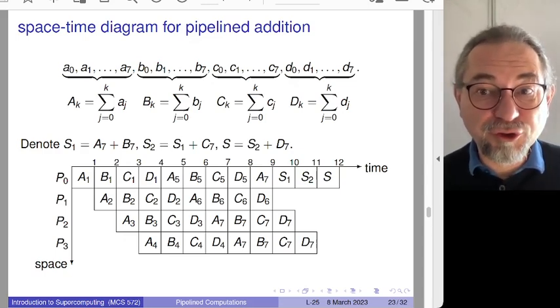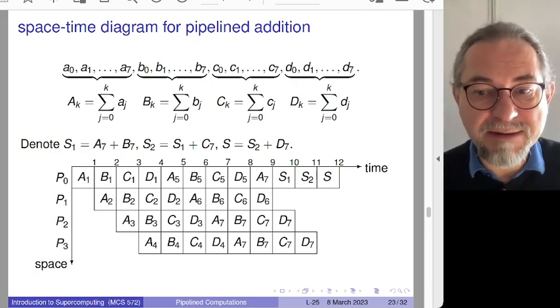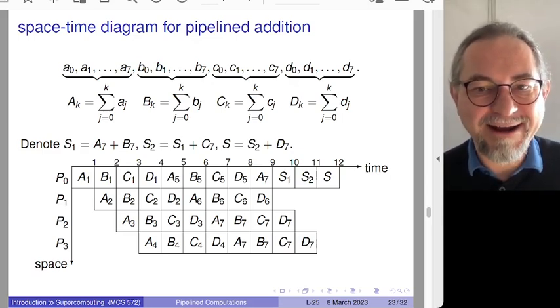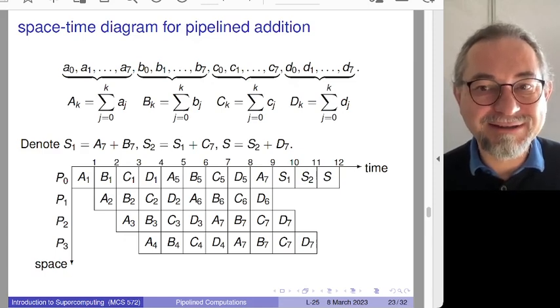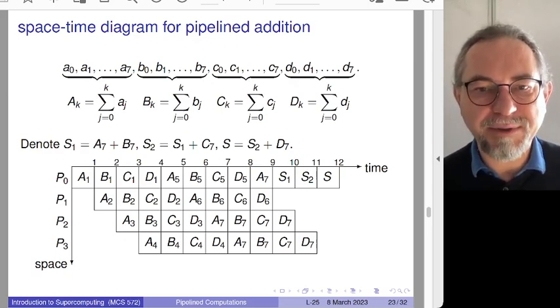So after 3 time units, this is the pipeline latency, all four processors are adding up. The first processor P0 is then already busy with the first two numbers from the D sequence, so the D sequence also gets through the pipeline.